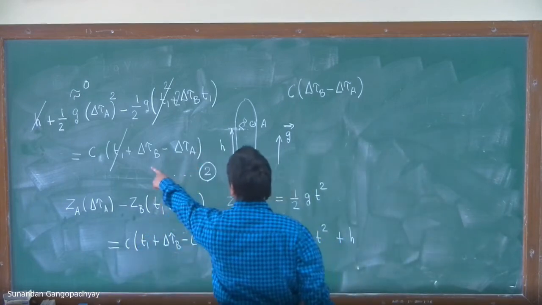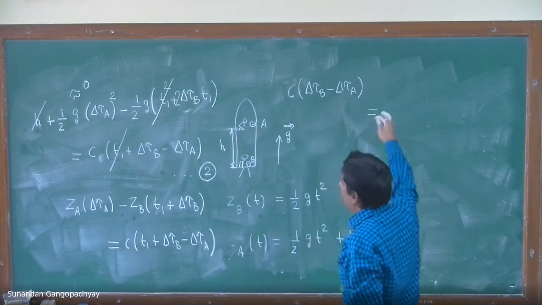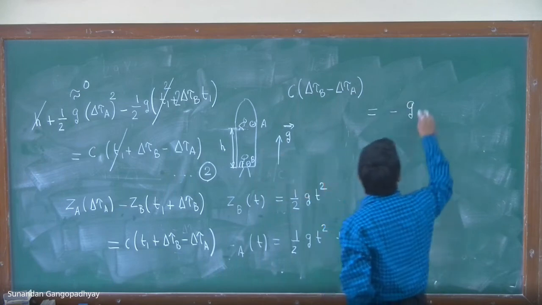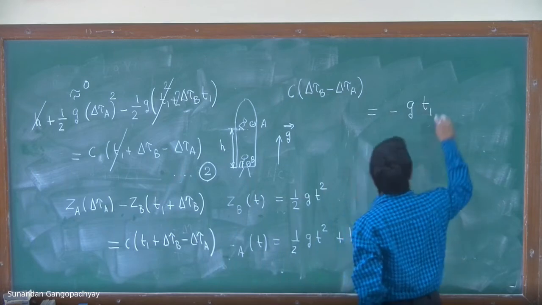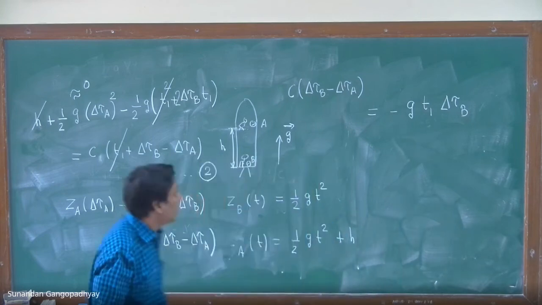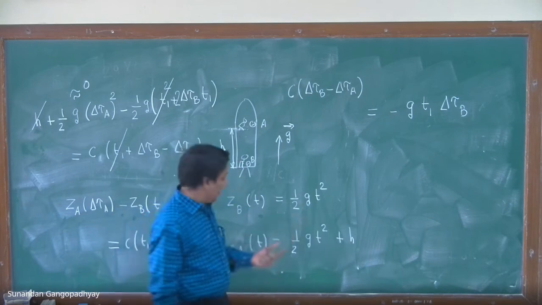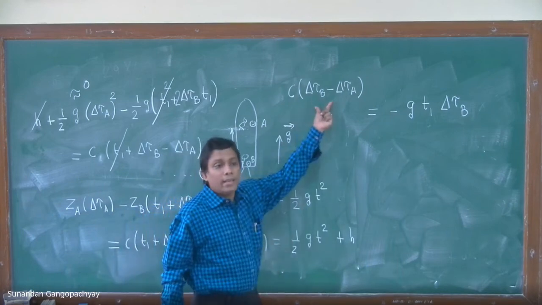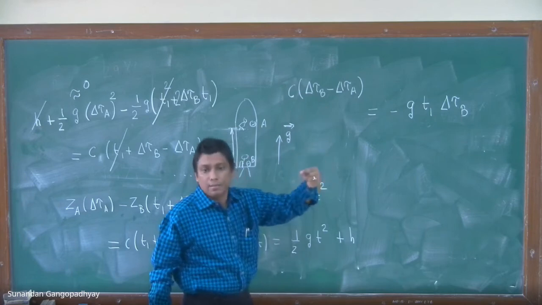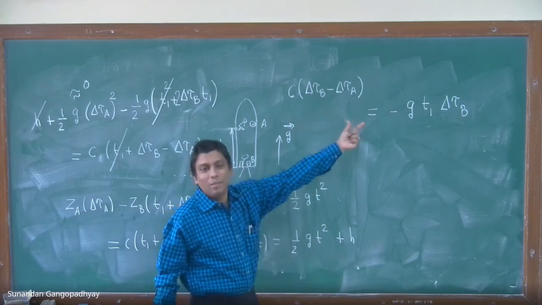So this will be C delta tau B minus delta tau A, and that is equal to, obviously there are approximations here, minus G T1 delta tau B. It's a very nice equation that you get. Now you can immediately see that had I assumed that delta tau B, the time interval after which Bob receives the signal sent by Alice, is the same as delta tau A, then what would have happened?